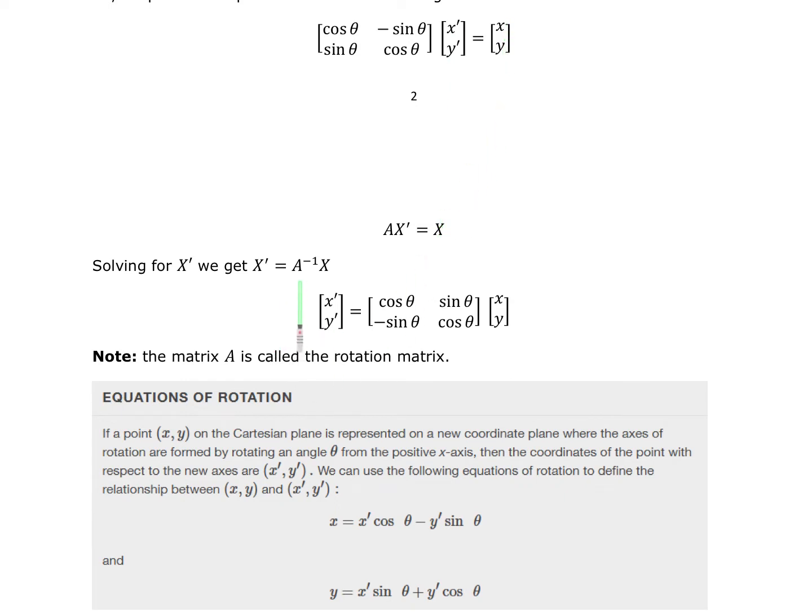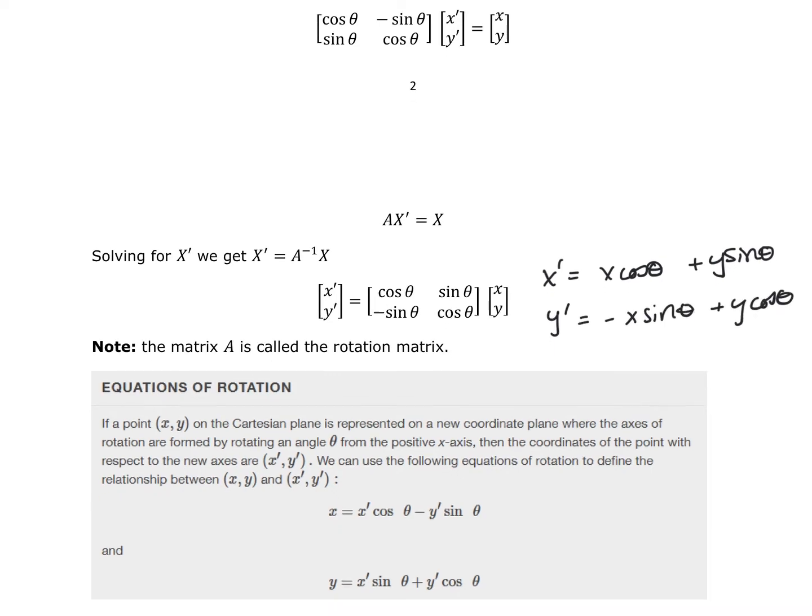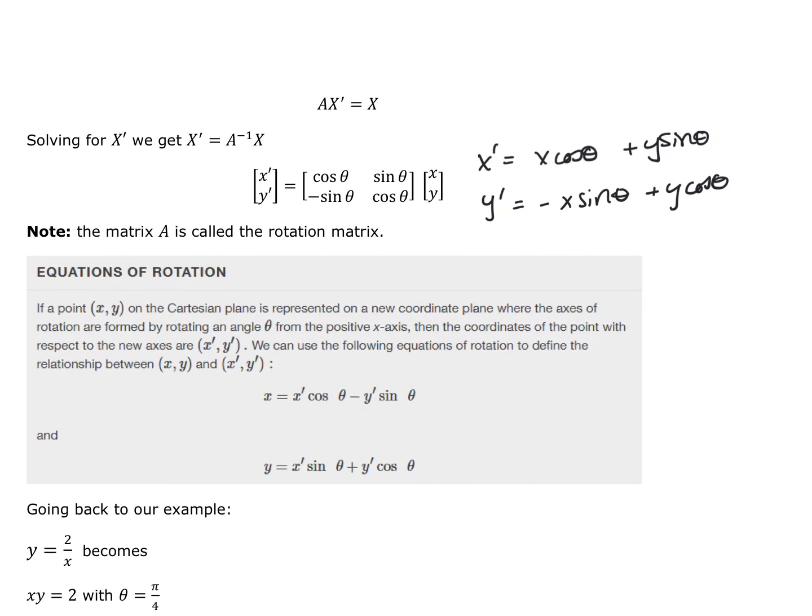If I invert my A matrix and multiply it on both sides, I end up with x prime is equal to x cosine theta plus y sine theta, and y prime is equal to negative x sine theta plus y cosine theta. So if I have the x's, I can get the primes. If I have the primes, I can get the x's.